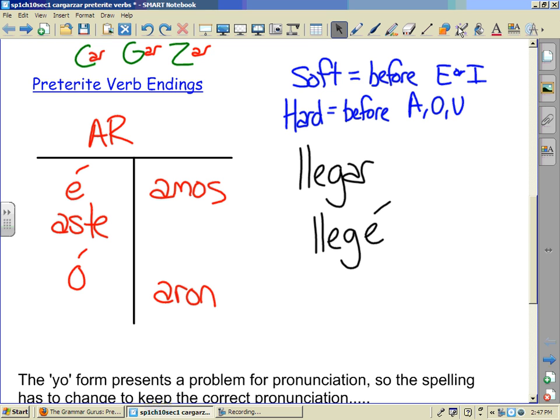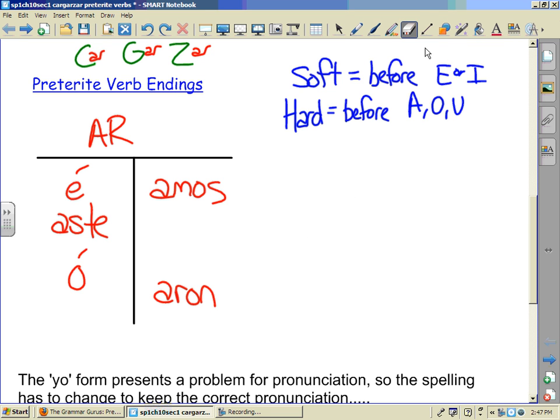And we could do examples of this for a lot of other words too. If we had comenzar, if we were to use our regular rules, just drop the AR and add é, that's going to turn from comenzé to comencé.